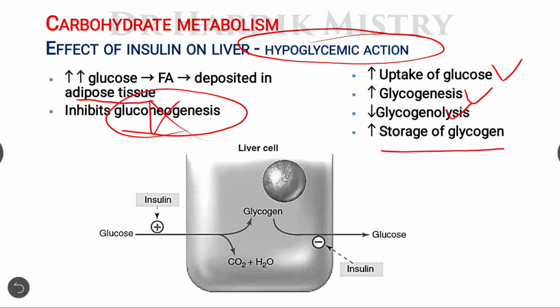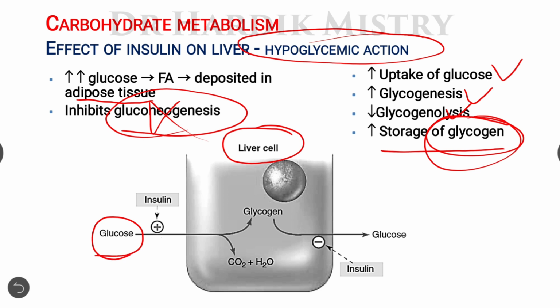And there will be a decrease in glycogenolysis, so there will be an increase in glycogen storage inside the liver cell. Here is the diagrammatic representation of the carbohydrate metabolism which occurs in the liver. That is the liver cell. Here the glucose molecules taken up by the liver cell in the presence of insulin are converted to glycogen and stored inside the liver cell.